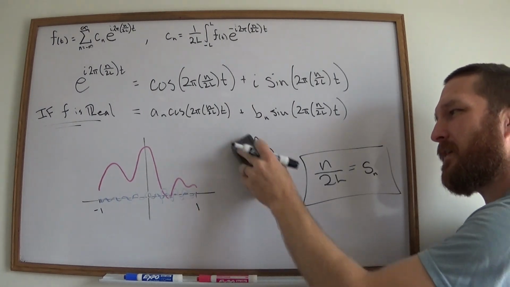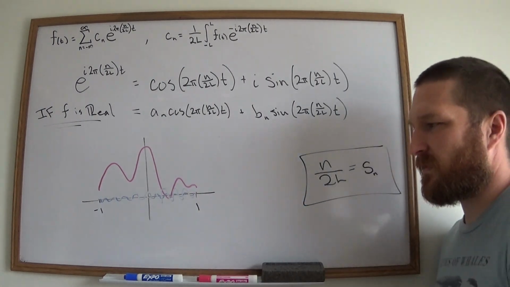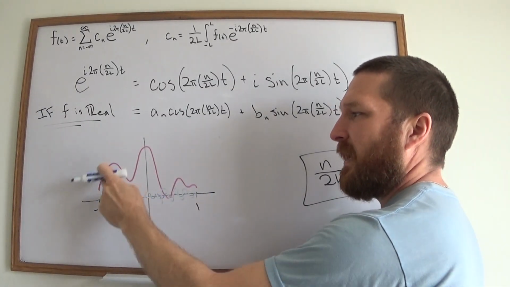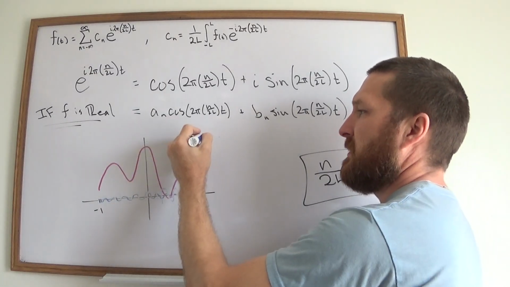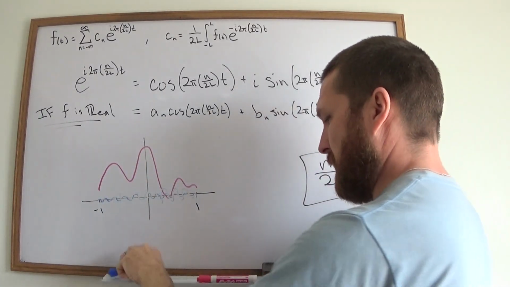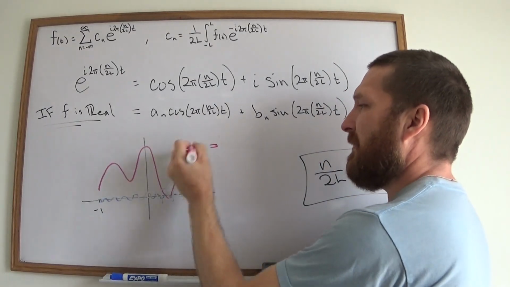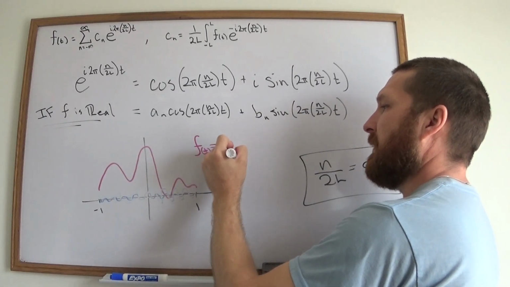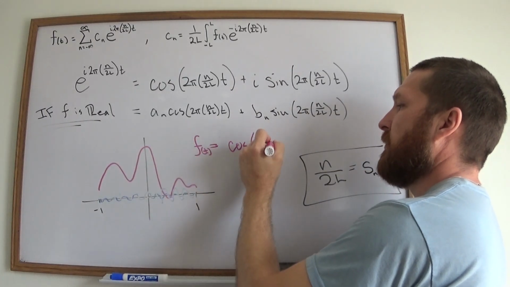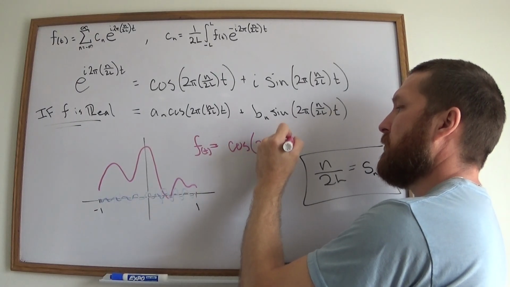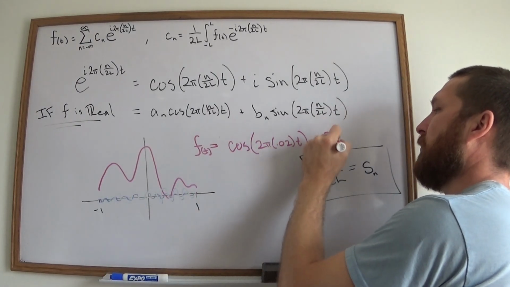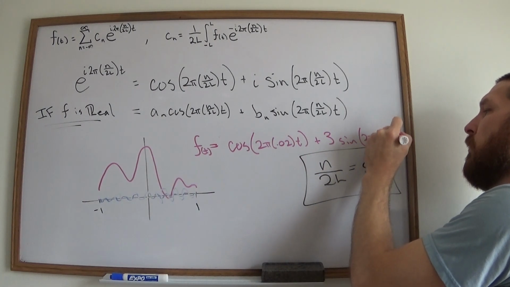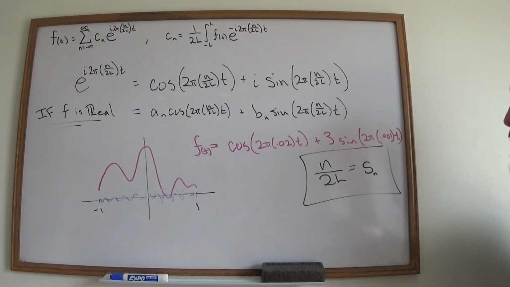But what if my actual signal was composed of something with a really long period, a very low frequency? Maybe the way that I generated this signal was, I said, okay, f is actually cosine 2 pi times 0.02 t plus 3 sine 2 pi times 0.001 t, and that's how I generated this signal.